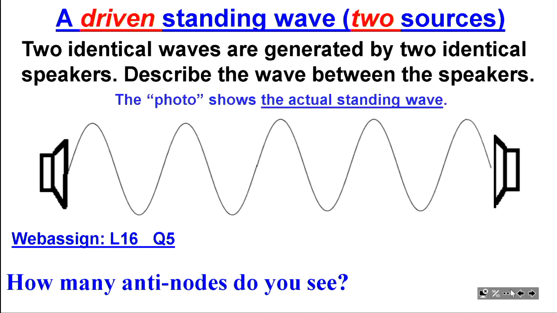How many antinodes do you see? This is a photograph. We call it a pictorial representation of a longitudinal wave. The longitudinal wave doesn't look like this. This is a transverse wave. But the longitudinal sound wave would have extra density here, average density here, lower density here.